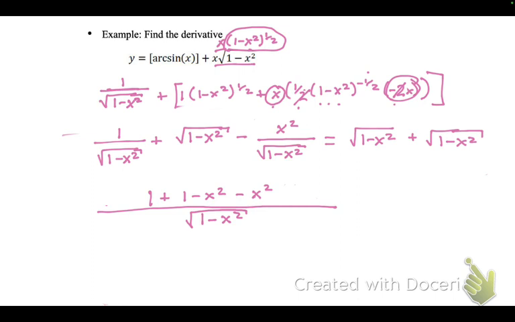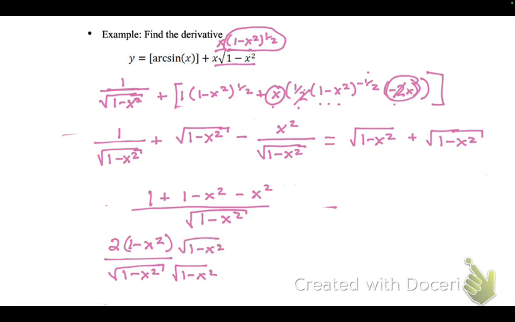So now I'd have 1 minus x squared, wouldn't I? Because I could factor a 2 out. I'd have 2 minus 2x squared over this. Now multiply by the, not the reciprocal, not the conjugate, we're rationalizing.